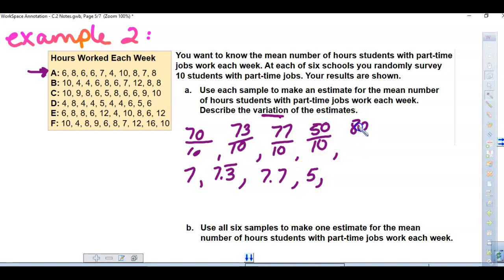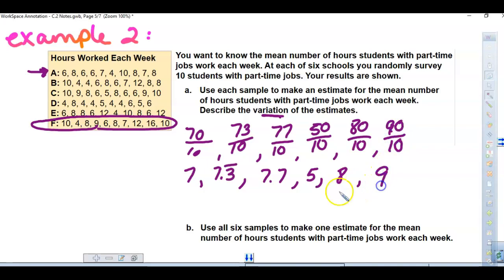E, you get 80, so 80 divided by 10 is 8. And the last one, F, when you add up all these numbers, you get 90, and 90 divided by 10 gives us an average of 9 hours a week. These are the averages for each random sample that we gathered.